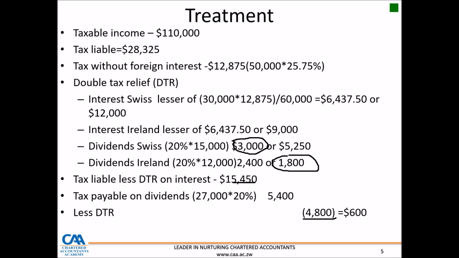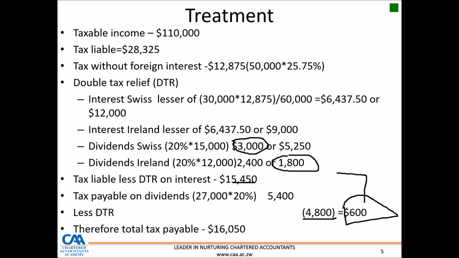So we still have a $600 amount payable. Because the amount of tax we're supposed to pay in Zimbabwe is 5,400, we will be relieved to 4,800, meaning we still have $600 payable. So total tax payable would be your 600 plus your 15,450, which will give us a total of 16,050. That will be your total tax payable as far as Mr.